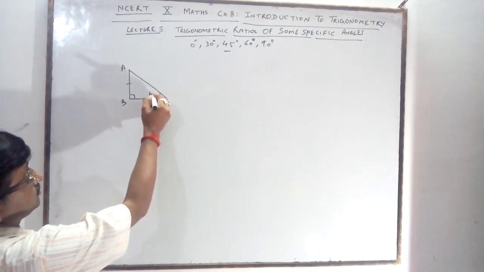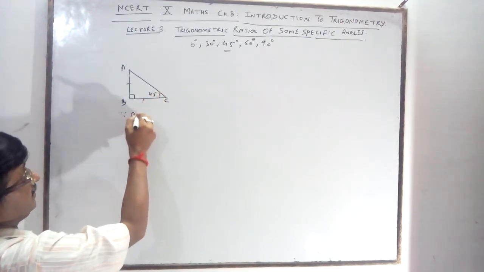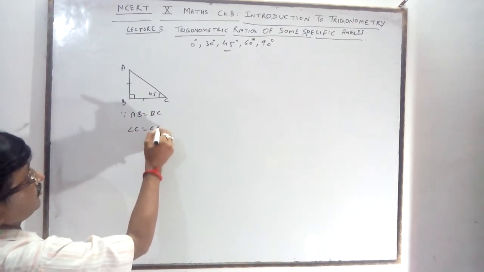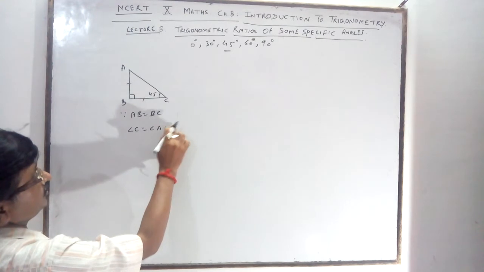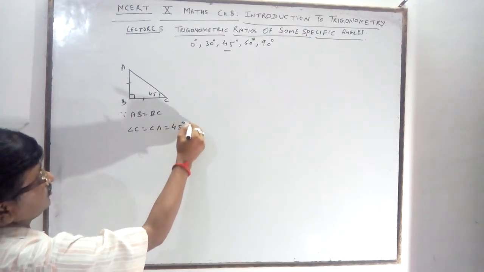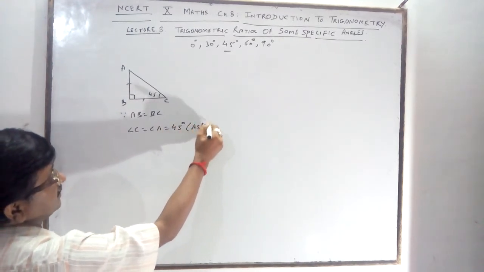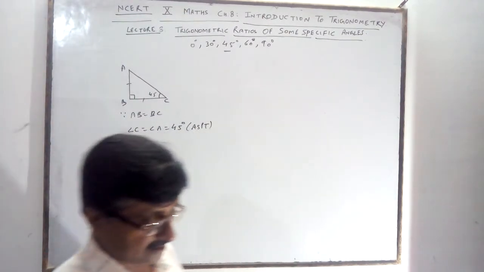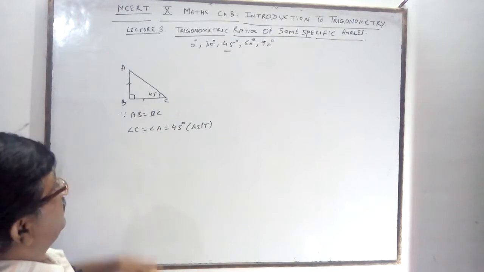Because AB is equal to BC, angle C is equal to angle A is equal to 45 degree, which you know by the angle sum property of a triangle.